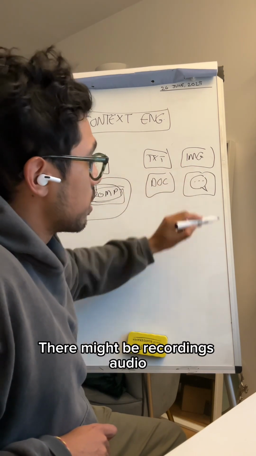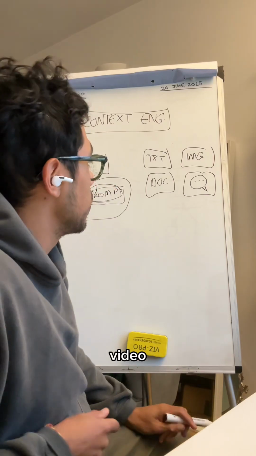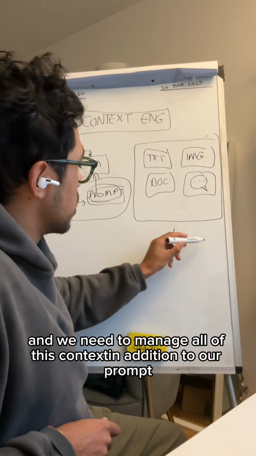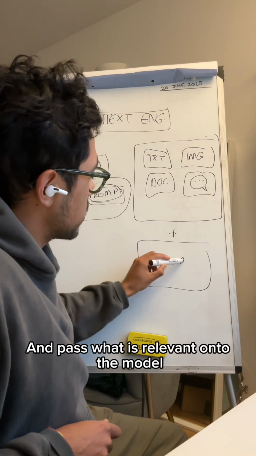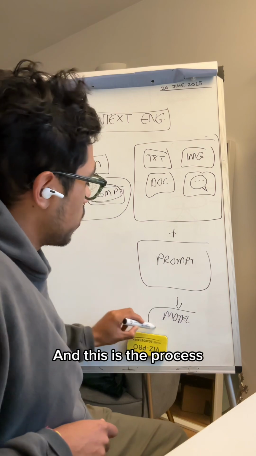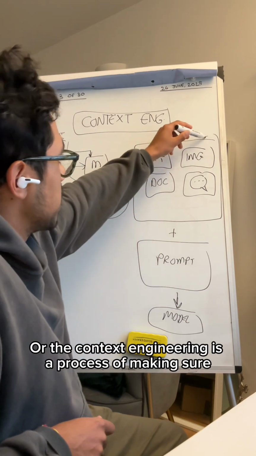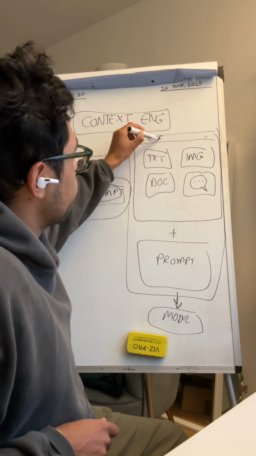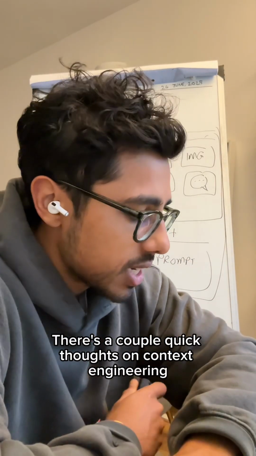There might be recordings, audio, video. And we need to manage all of this context in addition to our prompt, and pass what is relevant on to the model. And this is the process. So context engineering is a process of making sure that everything that's going in is the right thing. Those are a couple of quick thoughts on context engineering.